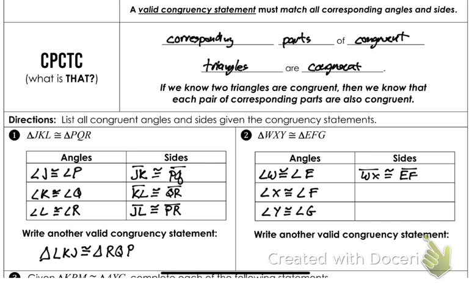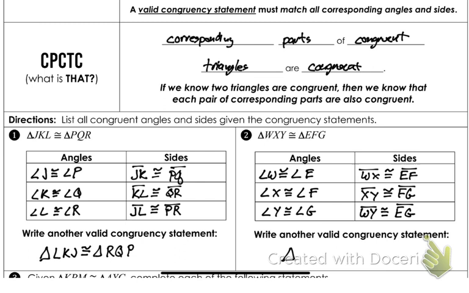If we take the next two letters, the segment XY is going to be the same as FG, correct. And finally, me personally, I take the first and last, but you could call that YW if you wanted to. I'm going to call it WY, and it's going to be the same as EG.